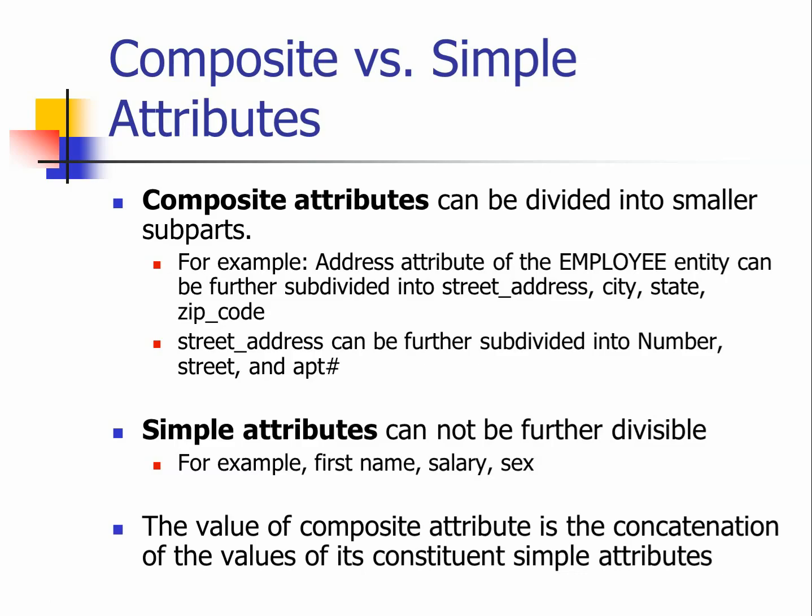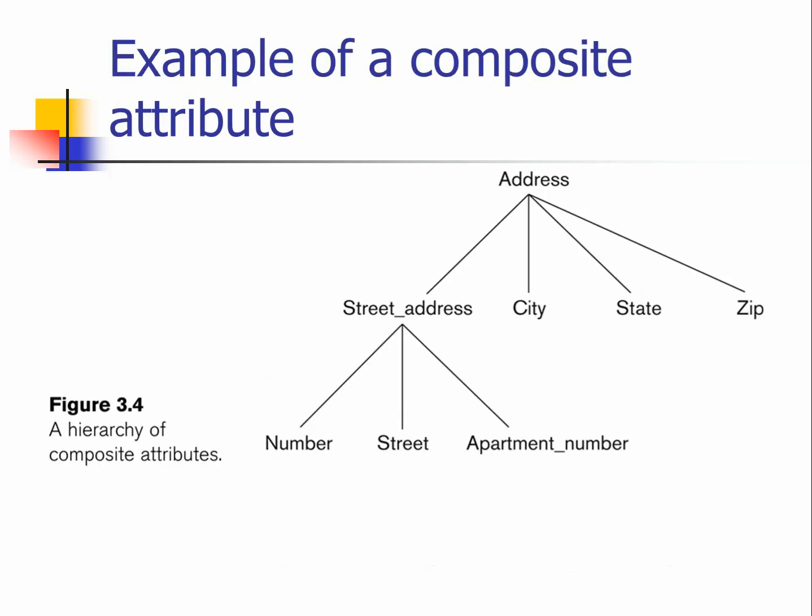The value of a composite attribute is the concatenation of the values of its constituent simple attributes. What does that mean? What that's trying to say is this. You can see the address can be further divided into street address, city, state, and zip. When that is happening, your street address plus city plus state plus zip equals your address.